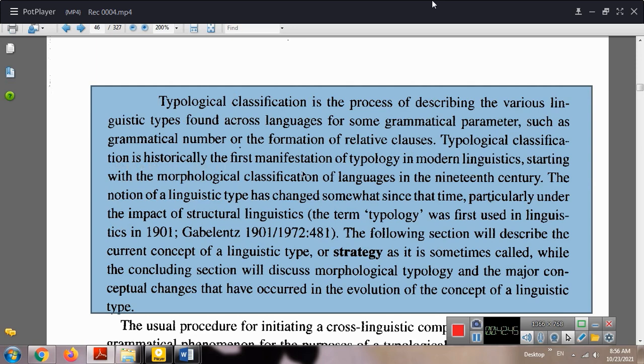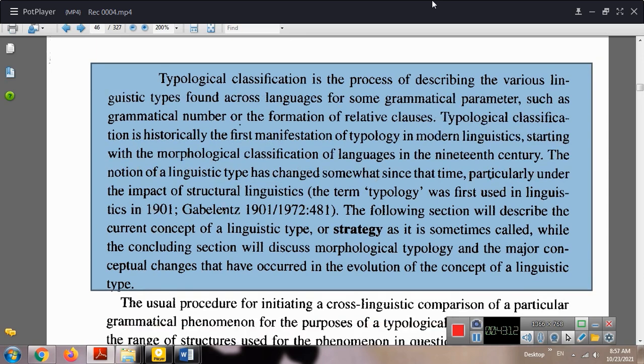Typological classification is historically the first manifestation of typology in modern linguistics, starting with the morphological classification of languages in the 19th century. Okay, at first, the typological classification in the 19th century was in terms of morphological classification. You should know that. The notion of a linguistic type has changed somewhat since that time, particularly under the impact of structural linguistics.